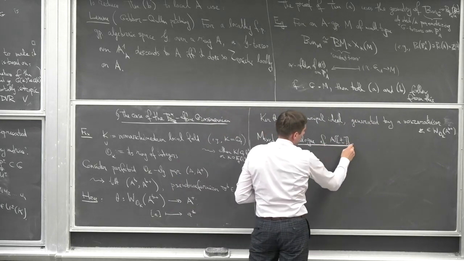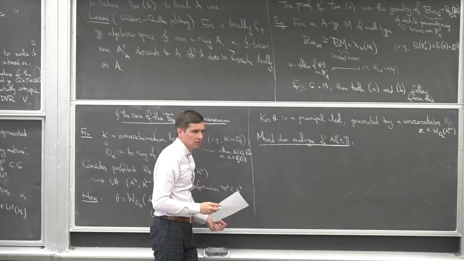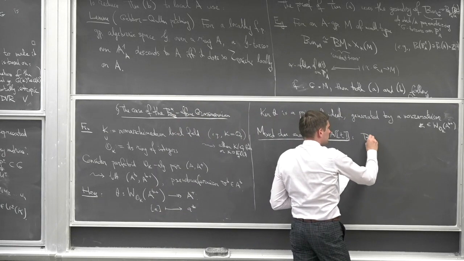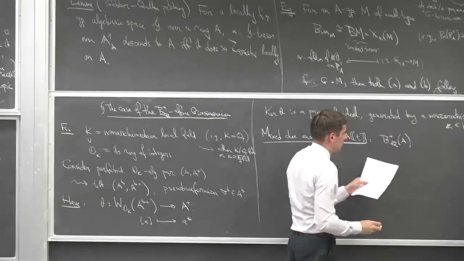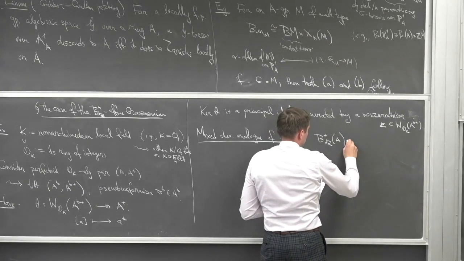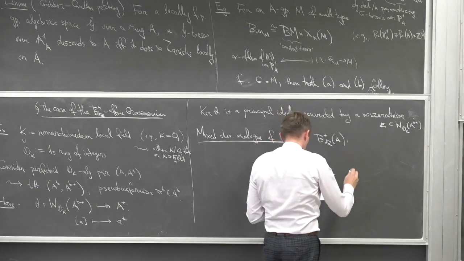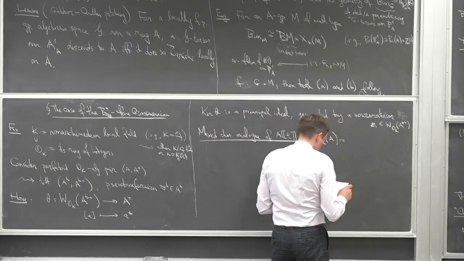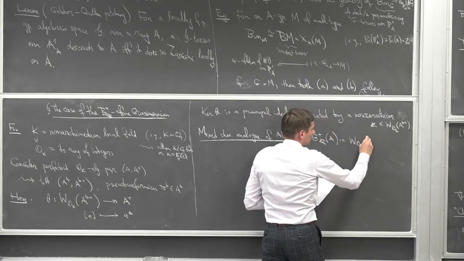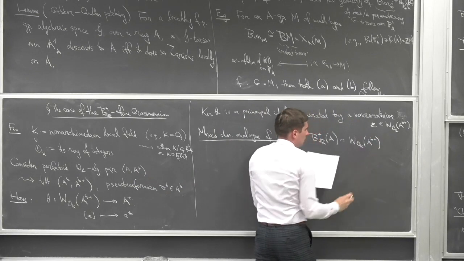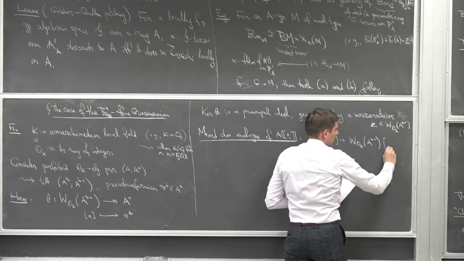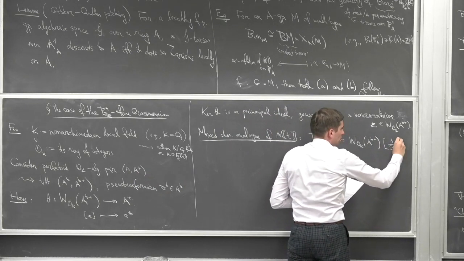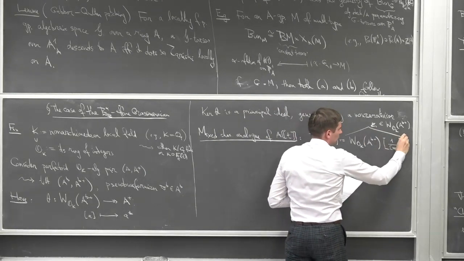The mixed characteristic analog of this formal power series ring with coefficients in A is the ring B_dR plus of A, which is the completion of the Fargues-Fontaine curve at the point corresponding to the given untilt A plus, or more concretely, we take these Witt vectors, invert the Teichmüller lift of the pseudo-uniformizer, and then we xi-adically complete this thing.